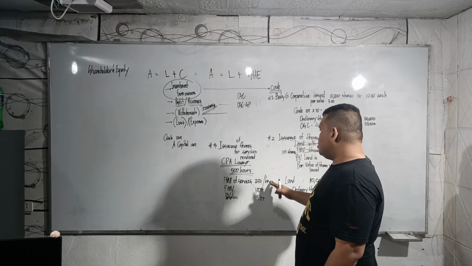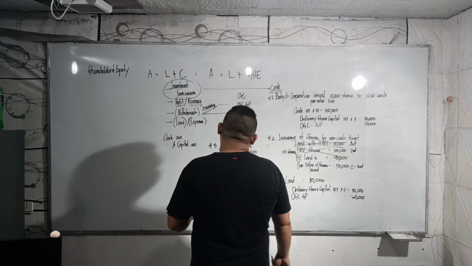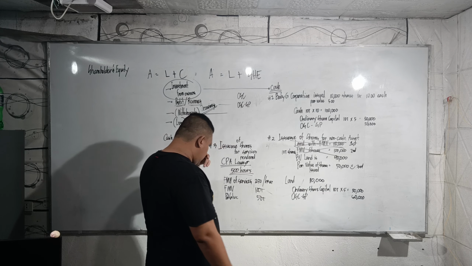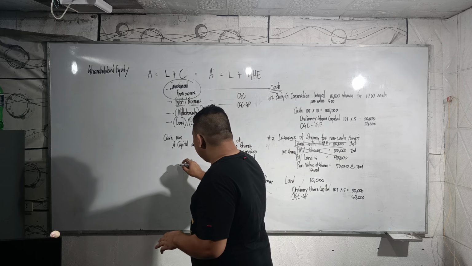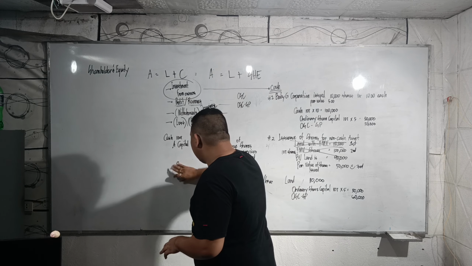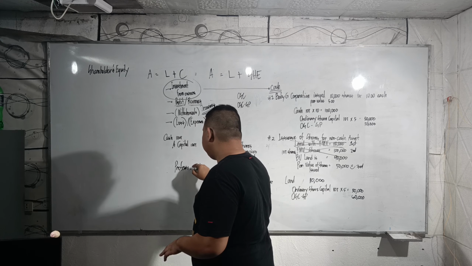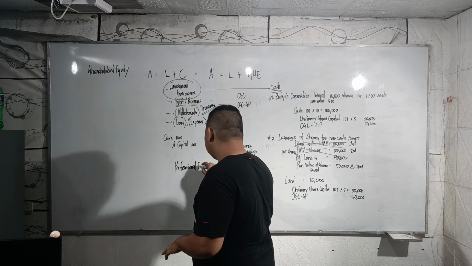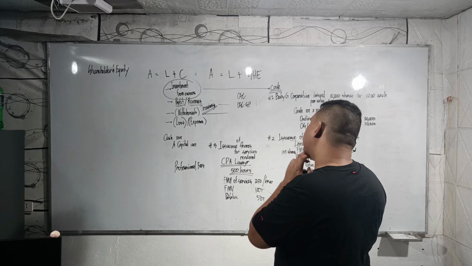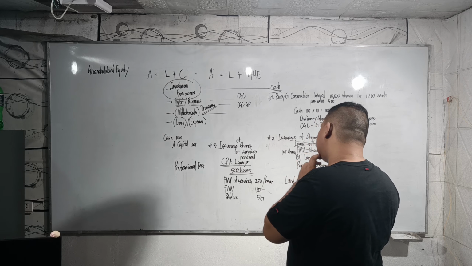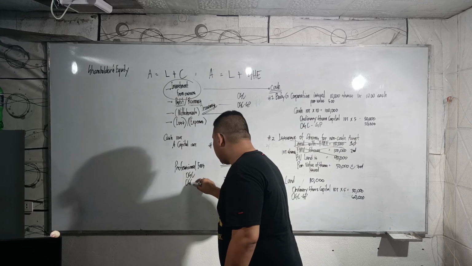Okay? So, what will be the entry? According to the standard, the entry for this one will be expenses. Let's say on your chart of accounts, you have professional fees, and then we have OSC and OSC share premium.